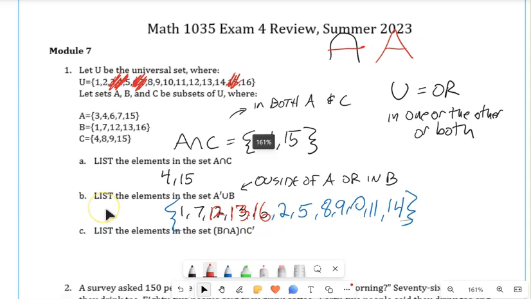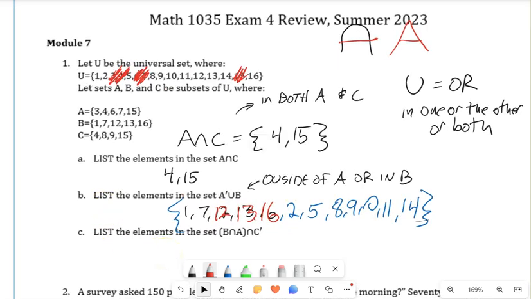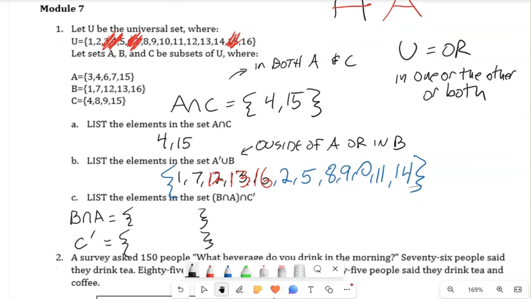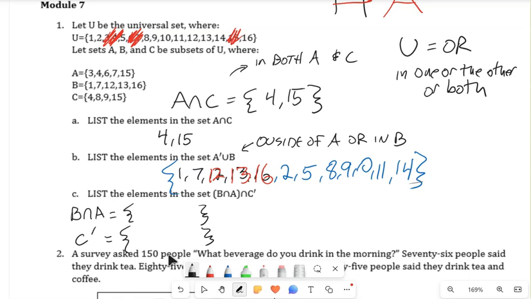Okay. Last, part C, list the elements in the set. Okay, so we want to think both of these symbols are AND. So maybe we work on B and A first. And then we can work out outside of C. And this will give us a list of numbers that we can then look for what's in both of those lists.